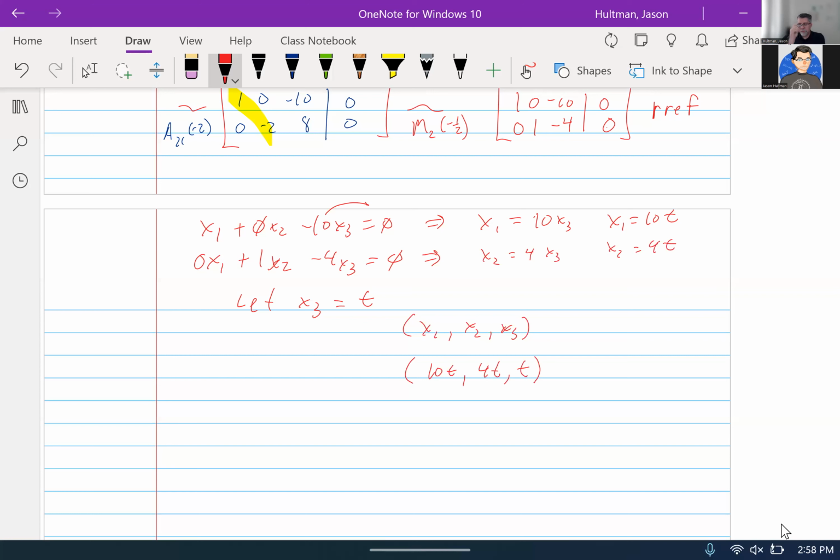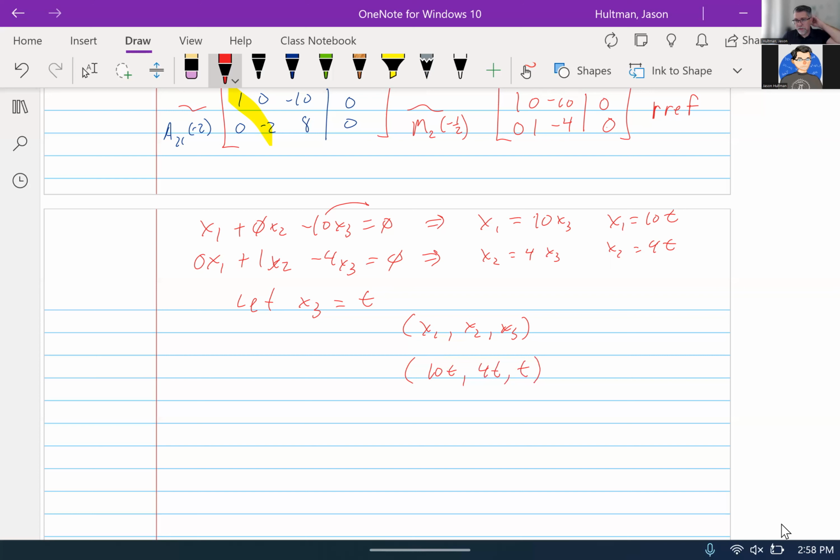So I know that there's an infinite number of solutions here, yet they have a condition that the first value has to be 10 times the last value, and the second value has to be 4 times the last value. So they're proportional. I just can't throw any 3 values in there and say, oh yeah, that was a solution.